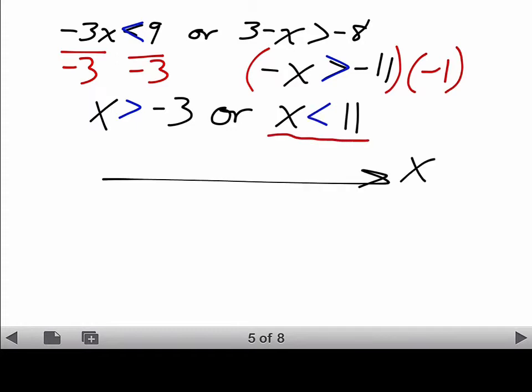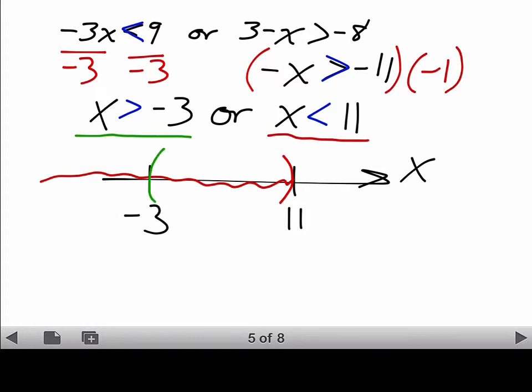So I have x is less than 11, so I'm going to mark 11 on the number line. At 11, I'll put a parenthesis that opens to the left and shade to the left. For the other inequality, I have x is greater than negative 3, so I'll mark negative 3 on the number line and open a parenthesis to the right, shade to the right, and here we're looking at OR. This was an OR inequality.